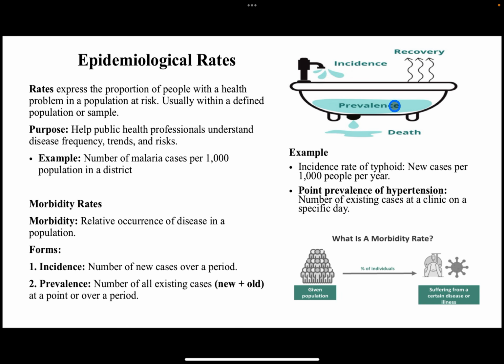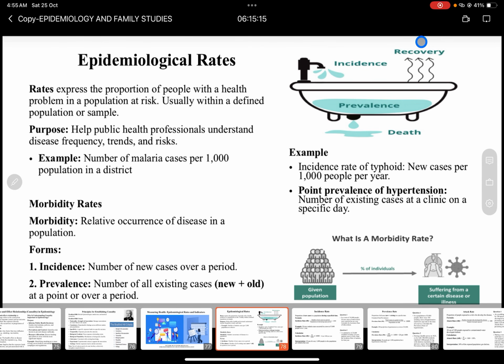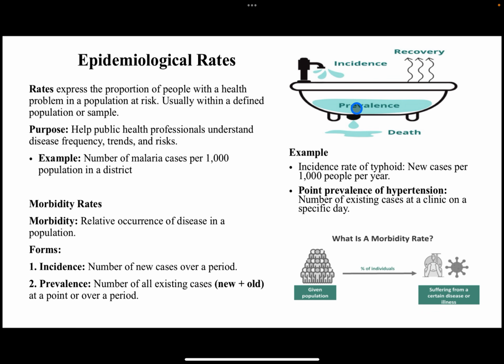And within the prevalence, a proportion will recover. Some would also die. But at the end, the new cases plus the old cases form the prevalence, and the new cases at a point in time form the incidence.